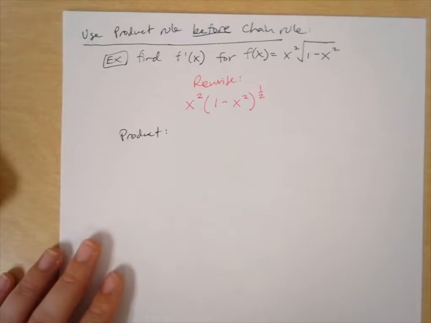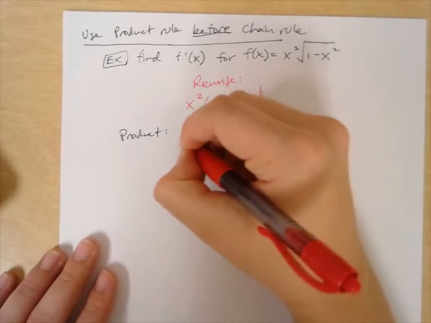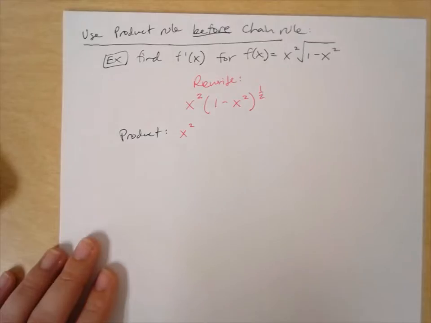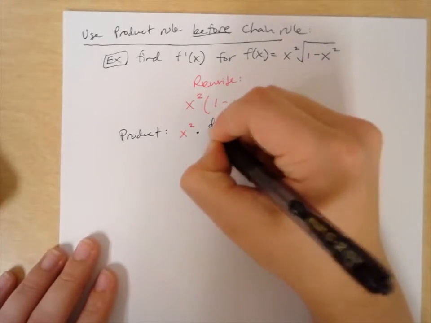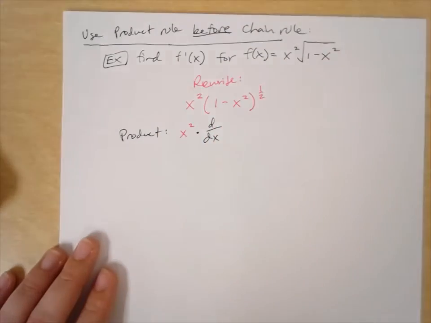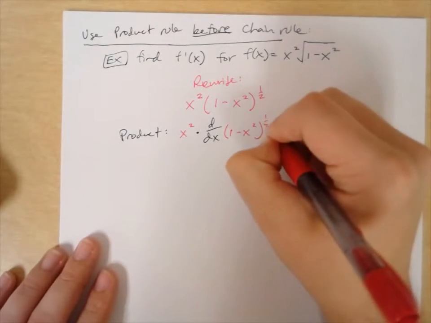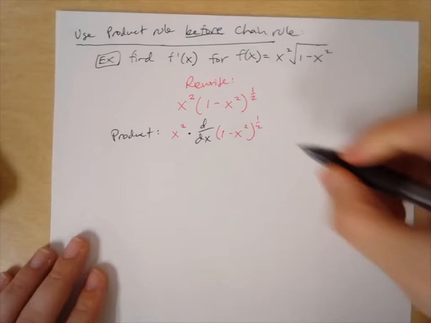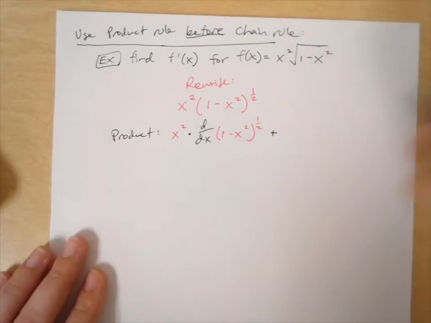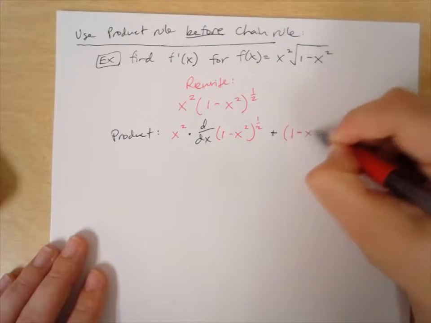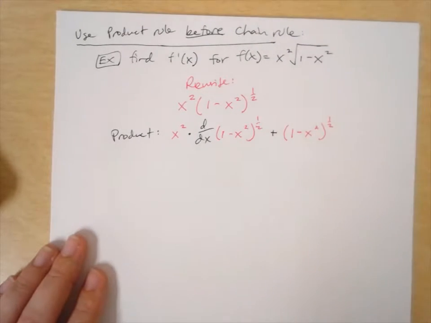which says that we take that x squared, the first piece, and then we multiply it times the derivative of the second piece, 1 minus x squared to the 1/2. And then we say plus, and we have just the second piece by itself, 1 minus x squared to the 1/2.